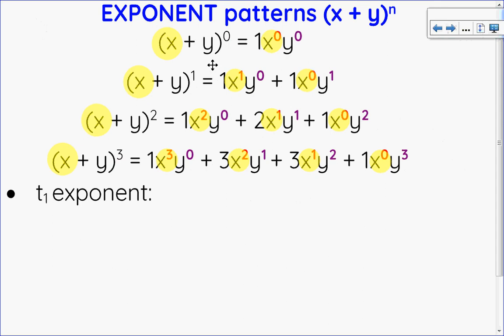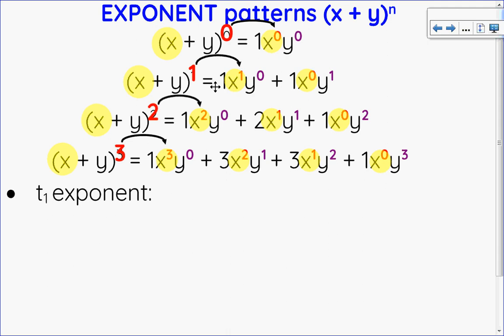Okay, let's look at the first term. The first term is called x, and I want to look at the patterns of the exponent when I expand. The first thing that I notice is that we start with whatever the exponent is. So 0 starts with 0, 1 with exponent of 1, and 2 and 3 start with that exponent. Every single one of those starts with whatever n is on the outside.